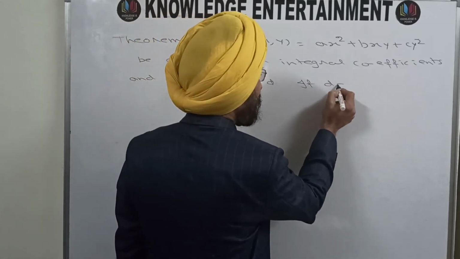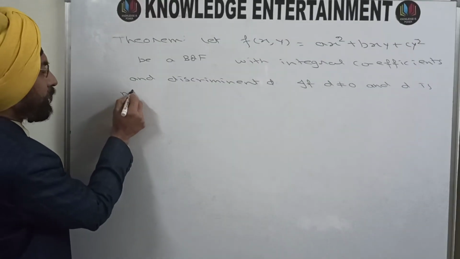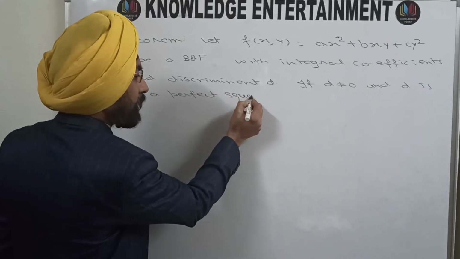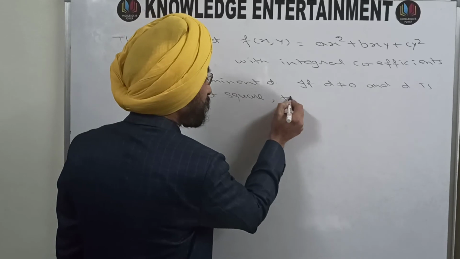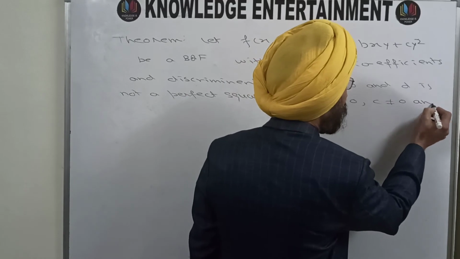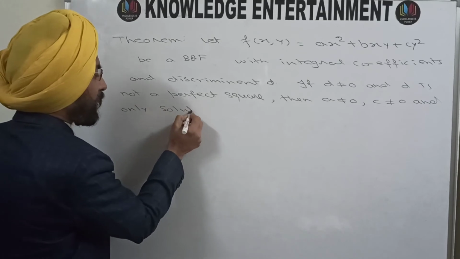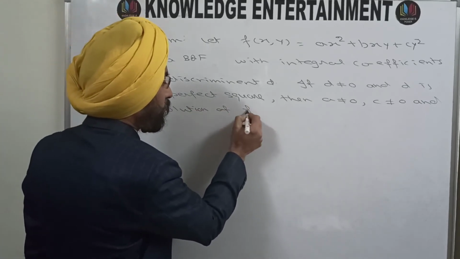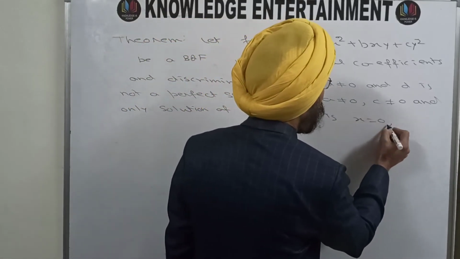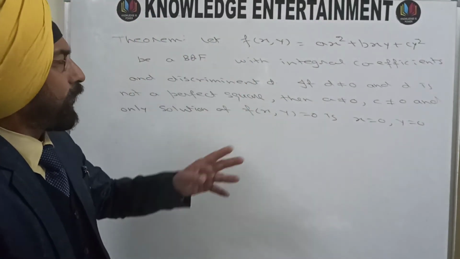If d is not equal to 0 and d is not a perfect square, then a is not equal to 0, c is not equal to 0, and the only solution of f(x,y) equal to 0 is x = 0, y = 0. This is the only solution. There is no other solution possible if you have these conditions.